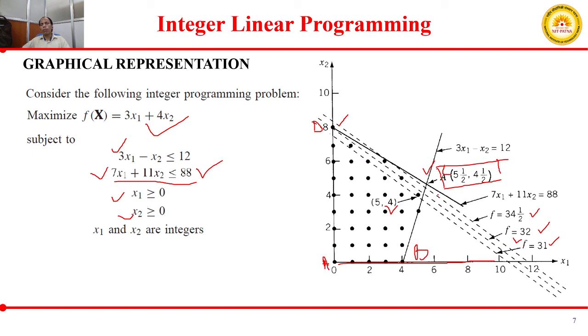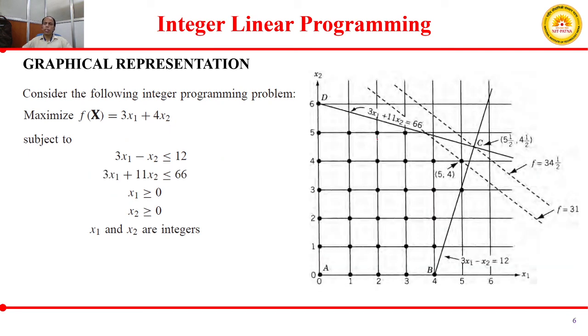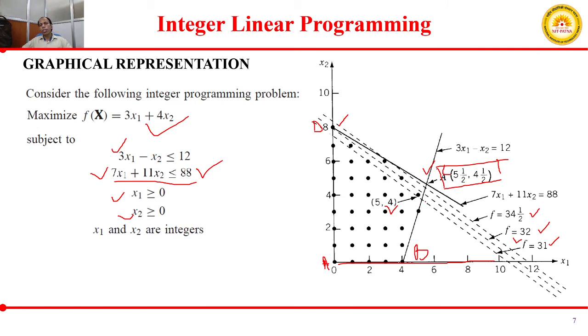Okay, so here we can see that in the previous problem we were able to get the next rounded value, which was equal to 5 comma 4, but in this case the next integer possible values are 0 comma 8.